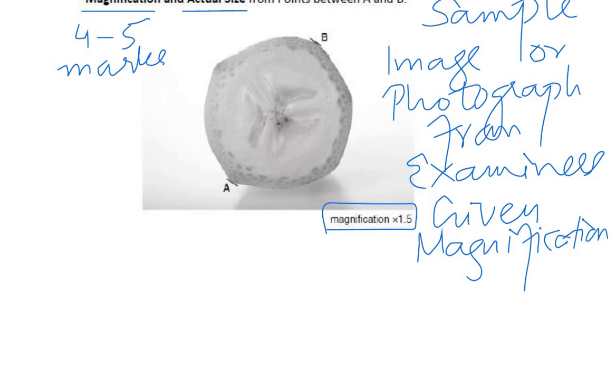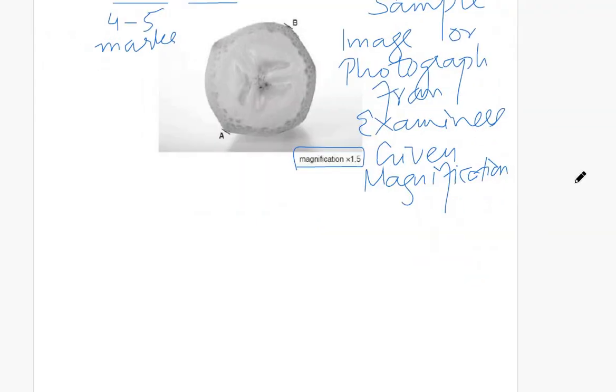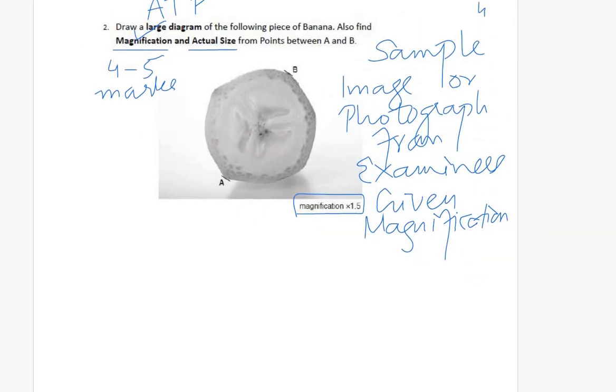Now, first of all, to get full marks, the first compulsory thing is we have to, yes, the four important criteria.